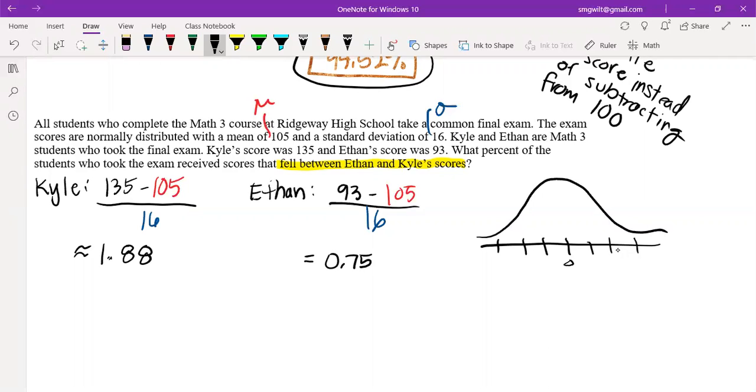If I think about the standard normal distribution, I'm going to draw Kyle's line here. 1.88 would be over here, kind of close to 2. And Ethan's, sorry, that was negative 0.75, would be over here.